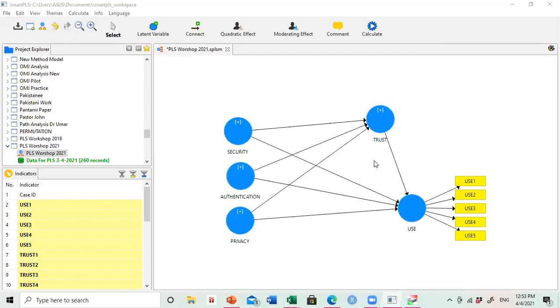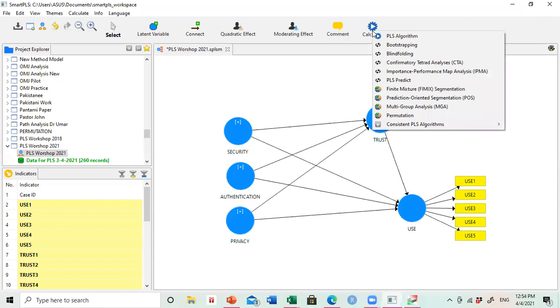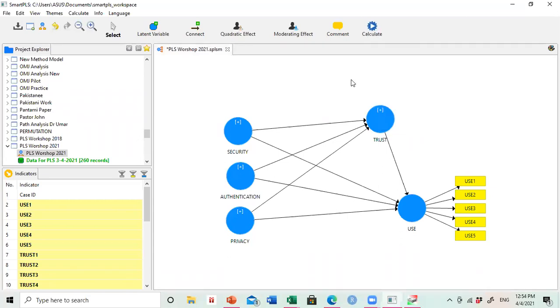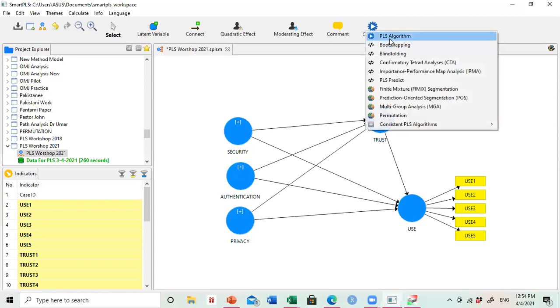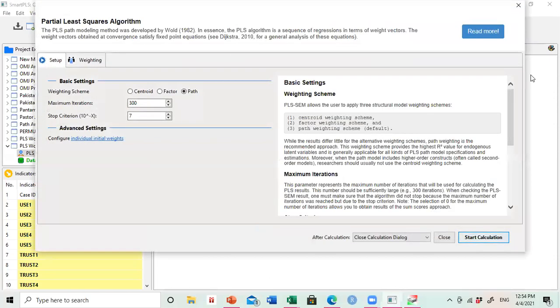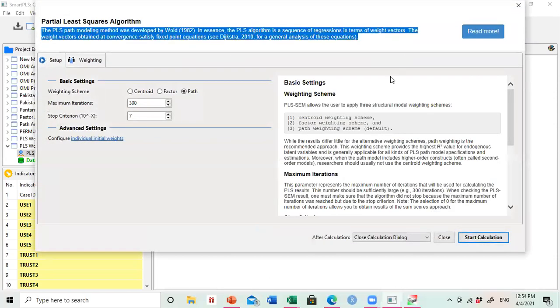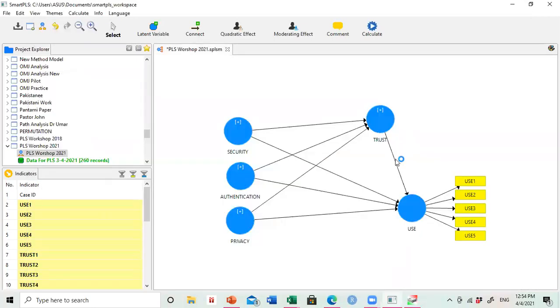So this is the typical model we draw. The next thing is we want to test whether the mediation is significant or not significant. The first thing we do is we don't need to run the PLS algorithm. The reason is that we are not looking for the relationship between IV and DV directly.